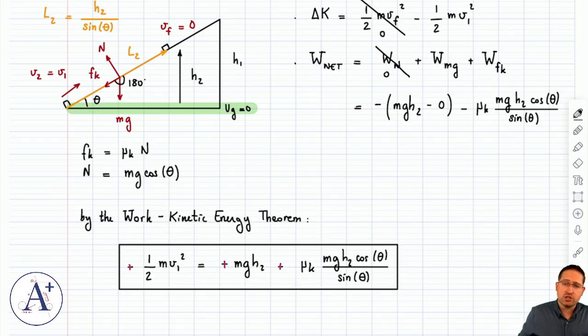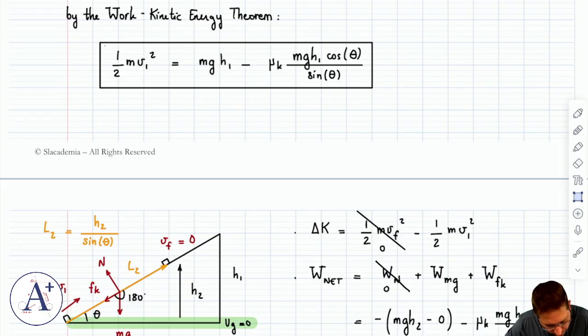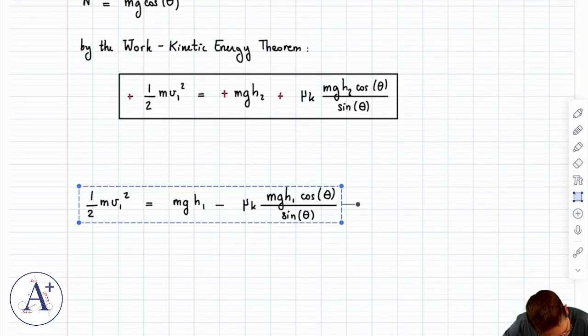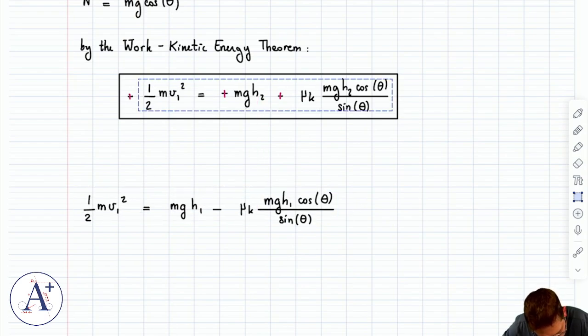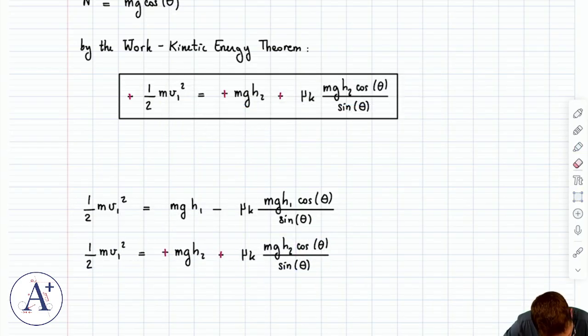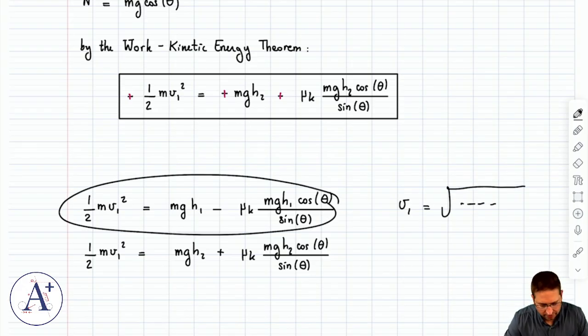And now I have a relationship between all these quantities on the way back up. Let me go recycle this guy. Okay, so I got this going down, this going up. Now, I could have done V1 is square root of blah, blah, blah, and solved this thing for V1.